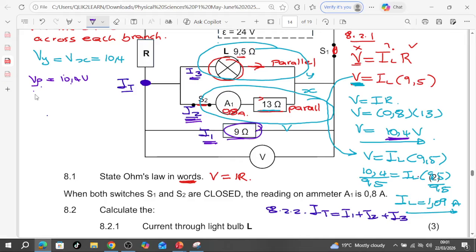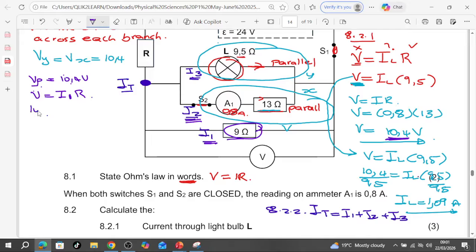So let's quickly substitute and say the voltage is equal to the current of that 9 ohm resistor, which is current 1, multiplied by the resistor. Okay, let's do the substitution.